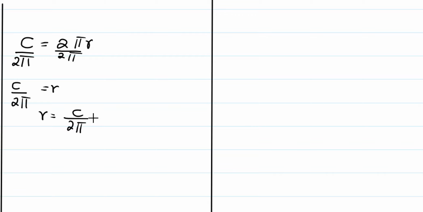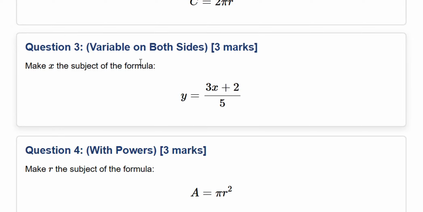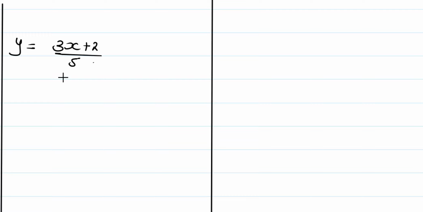So we are progressing on well. Let us go to question 3, which is more complex than question 2. In this question 3, you are told make X the subject of the formula, and we are given Y is equal to 3x plus 2, all divided by 5. Since we are asked to make X the subject of the formula, what we can do is to eliminate first this denominator here, so that both sides have no denominator.